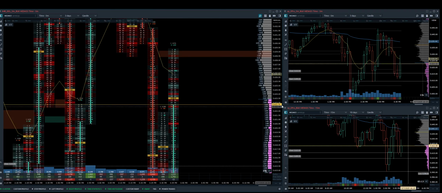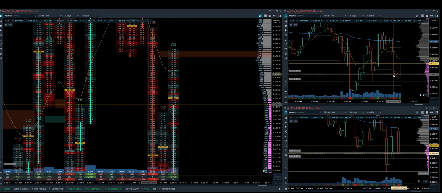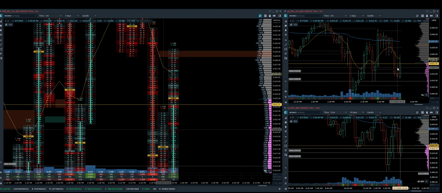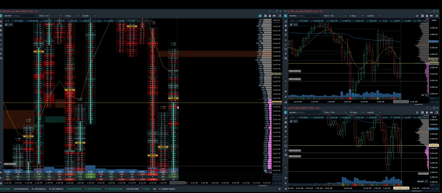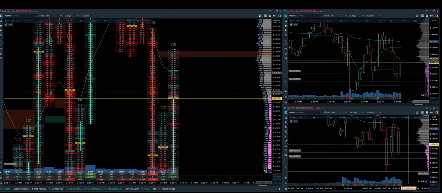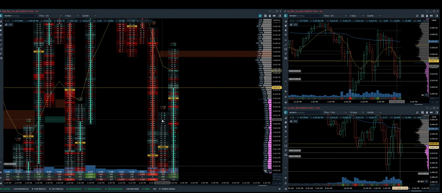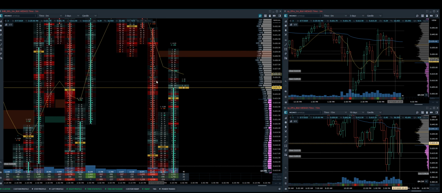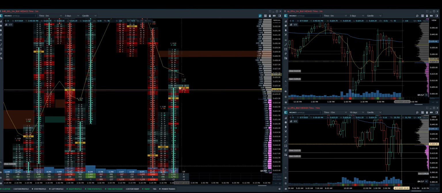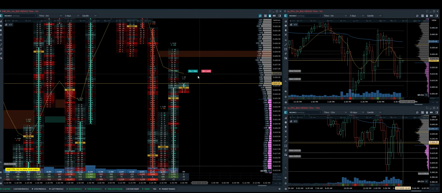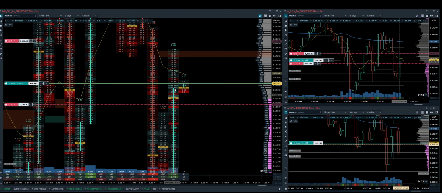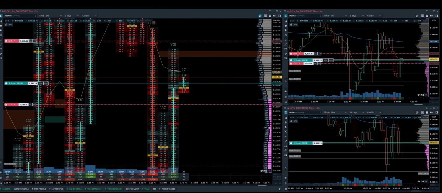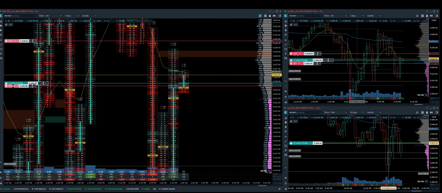And that could happen again. Remember, those guys are long. Probably didn't get out of their position. So we want to find that looks pretty good. I'll go long right here. Don't like the price action.